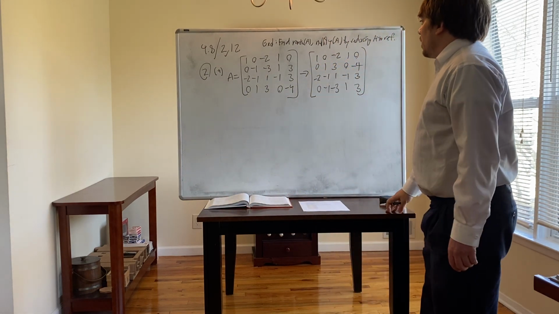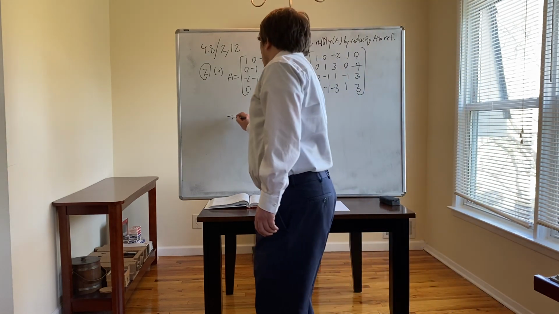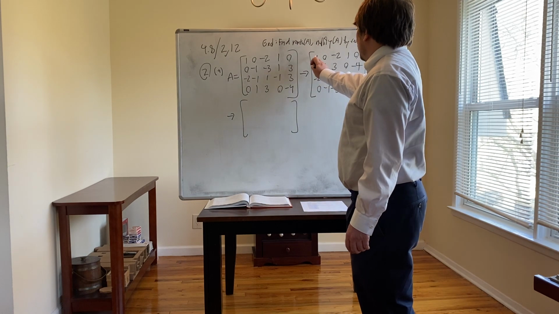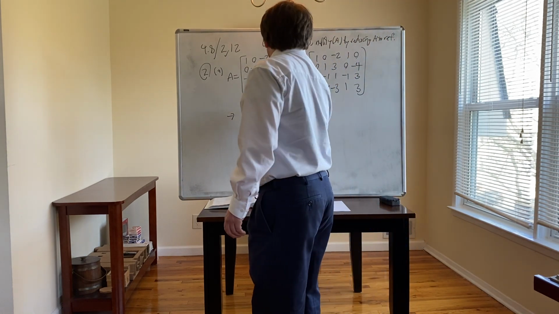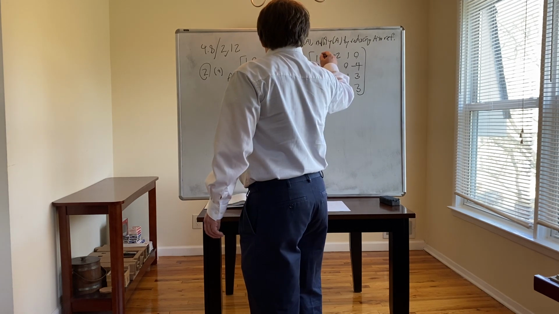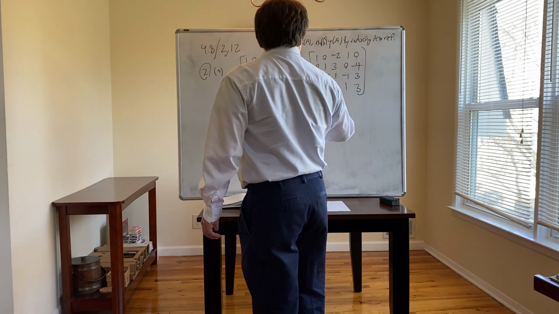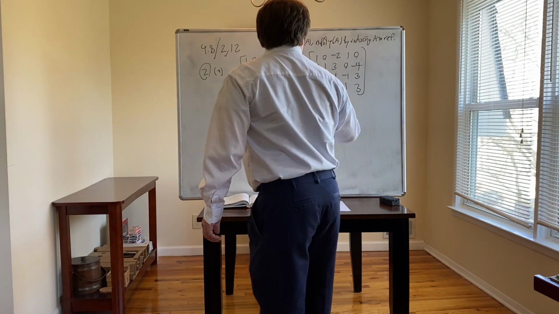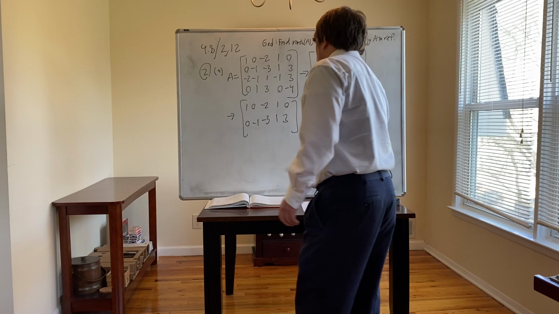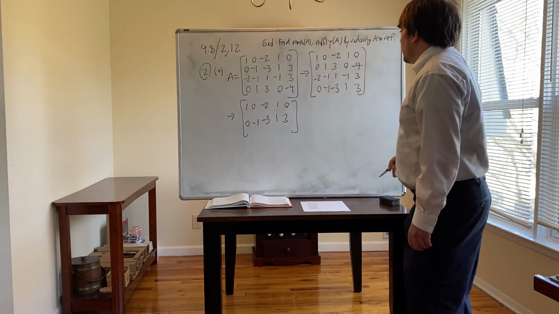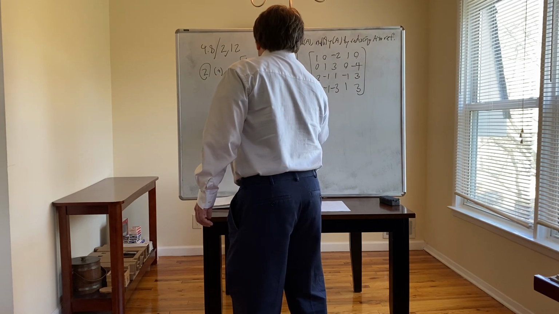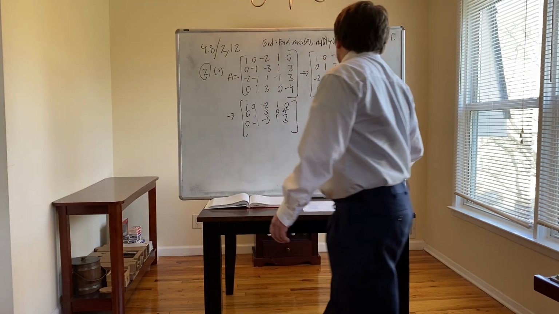Okay, I'm going to then add 2 times this row to that row. Good. And then I'm going to keep that row the same: 0, 1, 3, 0, 4, negative 4.